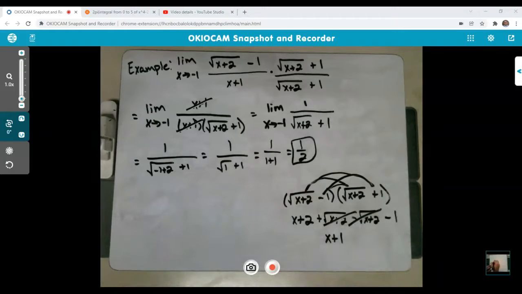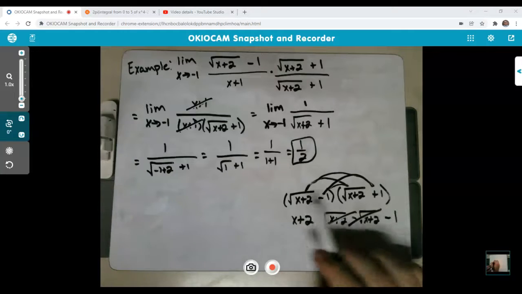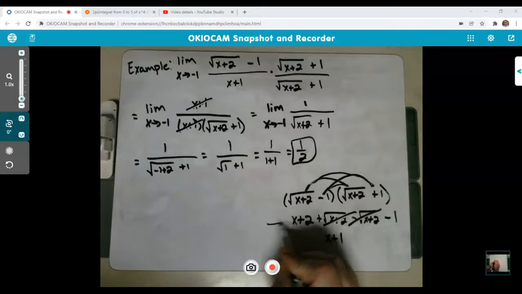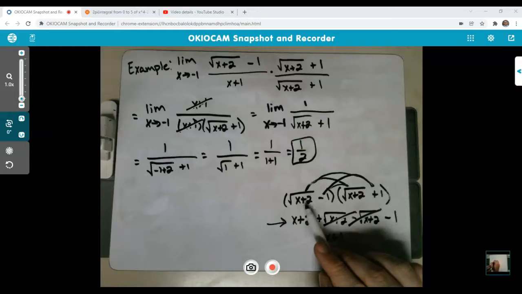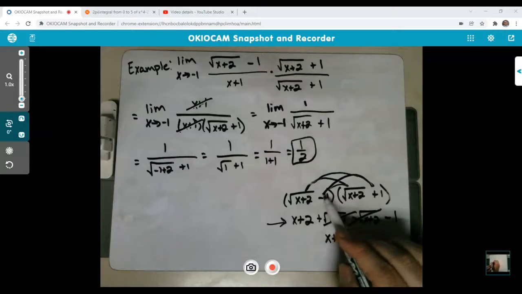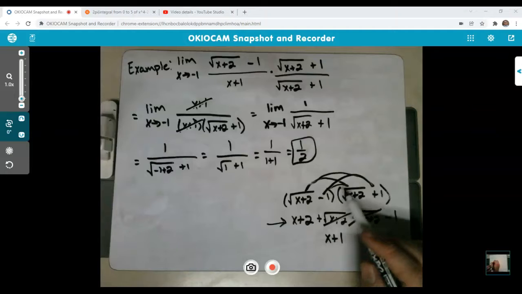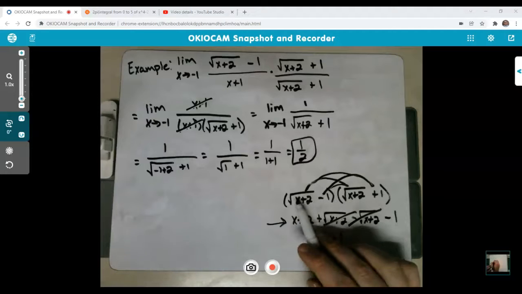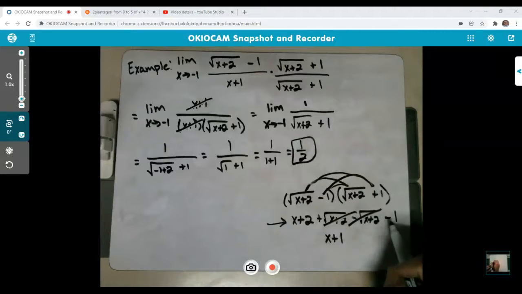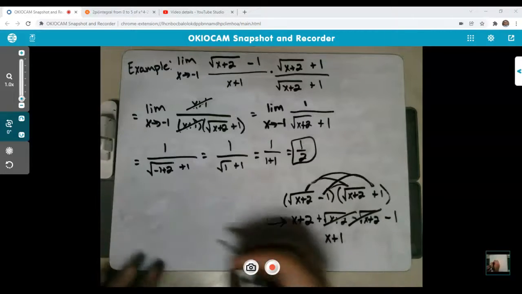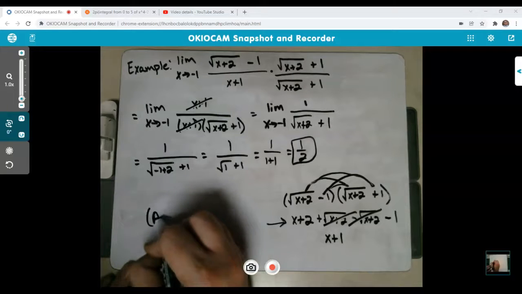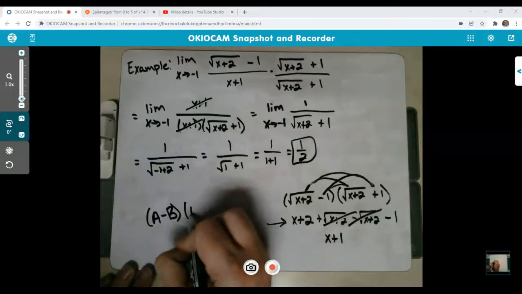Something else, actually, yeah, sure. I'll write this down. So notice here what happened was what I get in this step is just the square root squared, which would be x plus 2, minus my second term squared. So 1 squared is just 1. So what I get is x plus 2 from right here, minus 1. That's the whole trick that you probably learned in pre-cal at some point in time.